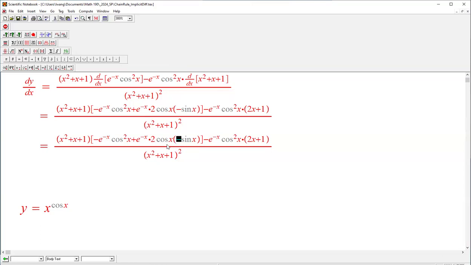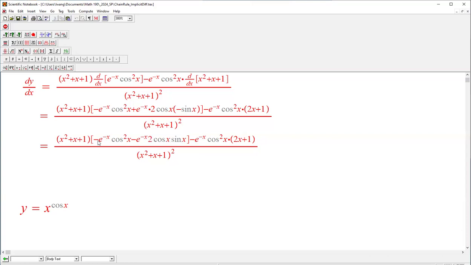We may just bring this negative sign to the front. So that's a negative. And the 2, I'll just leave it there. So this piece actually is 2 times sine x times cosine x.